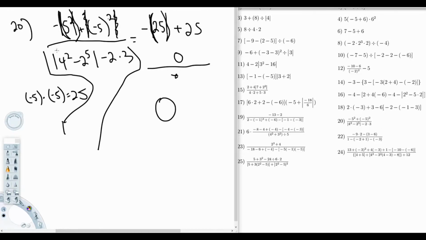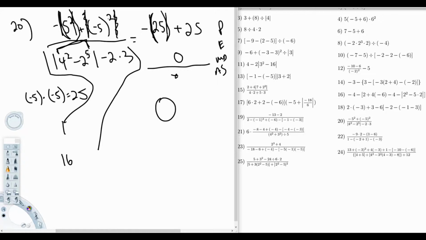So this is your first bracket right here. So we have parentheses, exponents, multiplication, division, addition, and subtraction. This here, so 4 squared is 4 times 4, that's 16 minus 2. Now, this is a trick. This is such a trick.